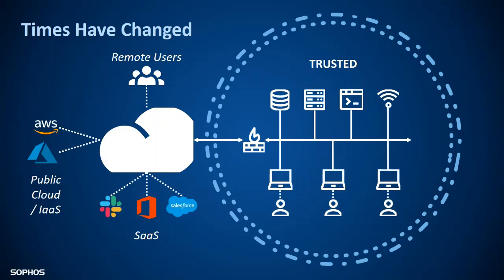Furthermore, the use of software as a service or SaaS apps or cloud platforms and services leaves our data outside of the corporate perimeter's protection. And we see this a lot with shadow IT. The result is that everything that is important to us is everywhere. Yet this old model fails to empower businesses and embrace transitioning to the cloud while simultaneously protecting their data, their assets, and their users.